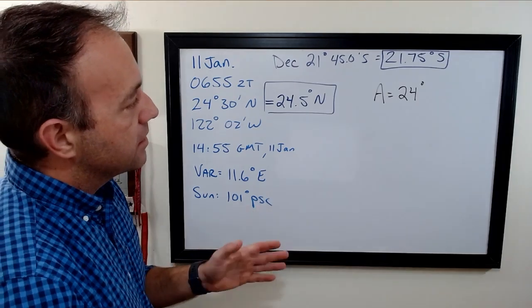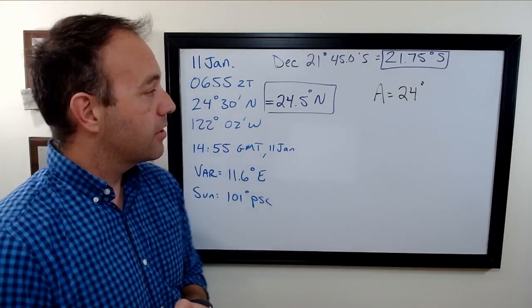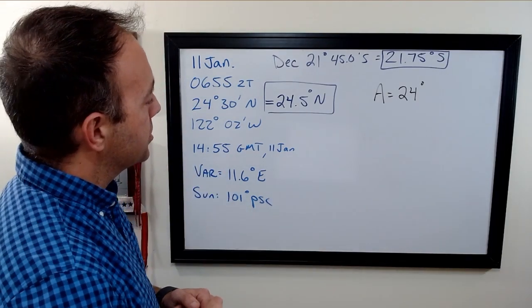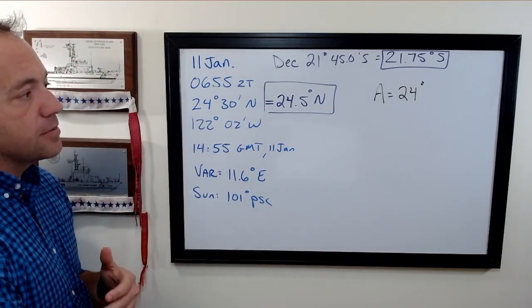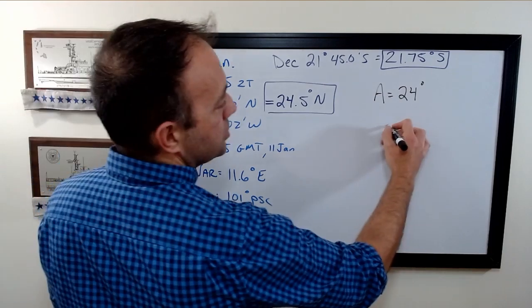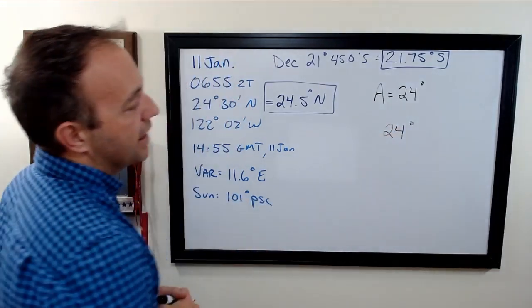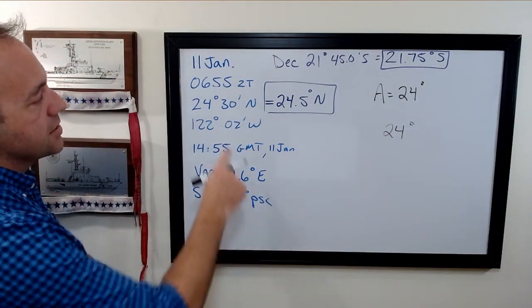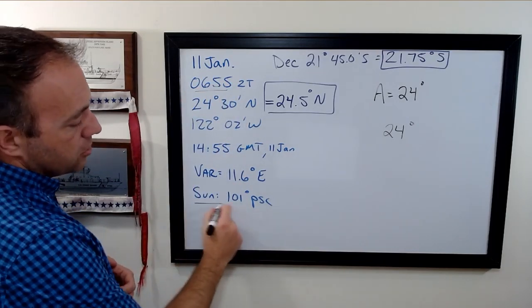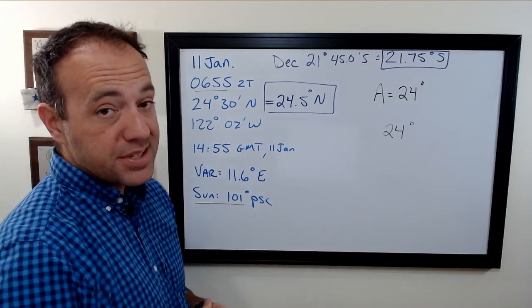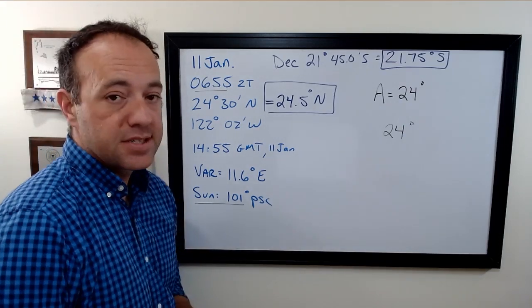So like that nomenclature that I talked about, the nomenclature is going to be sunrise or sunset, and then the declination from there. So our amplitude is 24 degrees. And are we at sunset or sunrise? Well, if we're at 0655 zone time and we observe the sun at 101 per compass, then this is going to clearly be a sunrise case.